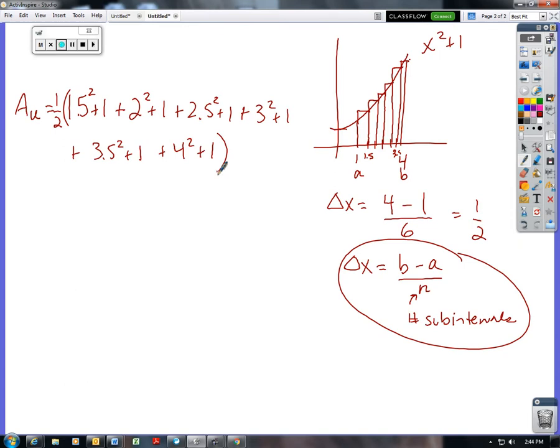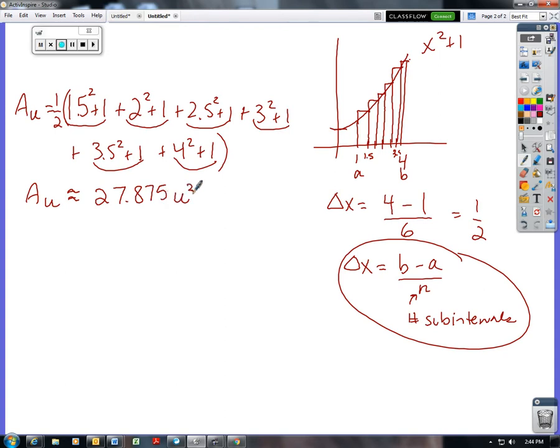Check and make sure that you have 6 rectangle areas. So I've got 1, 2, 3, 4, 5, and 6. Then when you crunch the numbers, you should get area based on the upper rectangles is about 27.875 units squared.